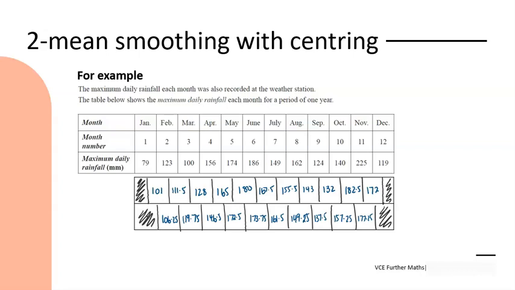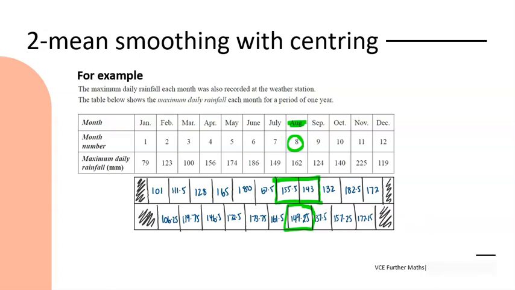So it may be that you're asked to calculate the two mean smoothed value with centering for the month of August. And so if we were asked to do that, first thing we want to think about is that we're going to need August to be the value that we center back in line with. And so in order to make that work, if we work backwards from there, the value 149.25 is a result of averaging or centering the two values directly above that.